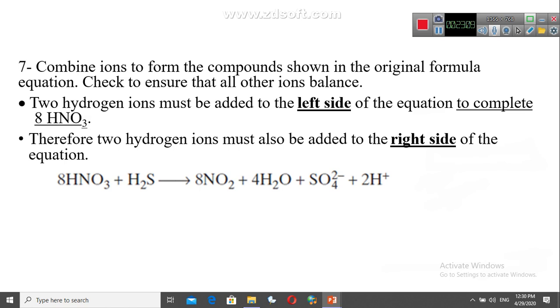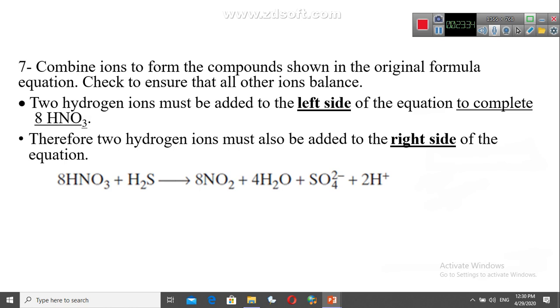Then with these 2 hydrogen ions, the sulfate ion appears as sulfuric acid in the original equation, completing the formula of sulfuric acid.